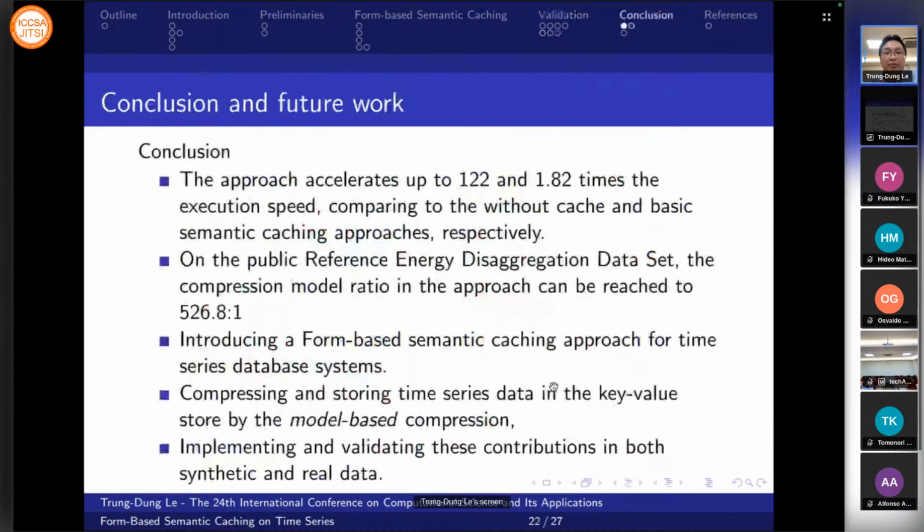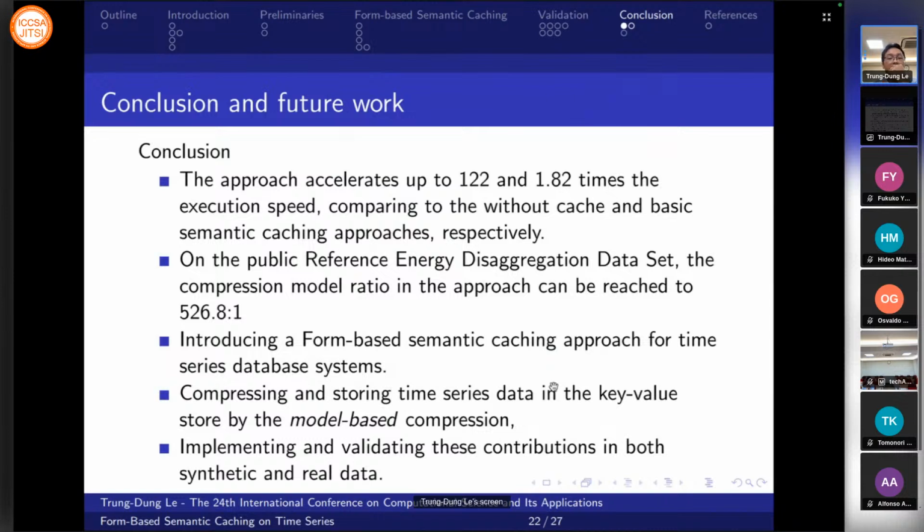And the final section is the conclusion and further work. In conclusion, our approach accelerates the execution speed up to 1.22 and 1.82 times compared with the approach without cache and the basic semantic caching approach.